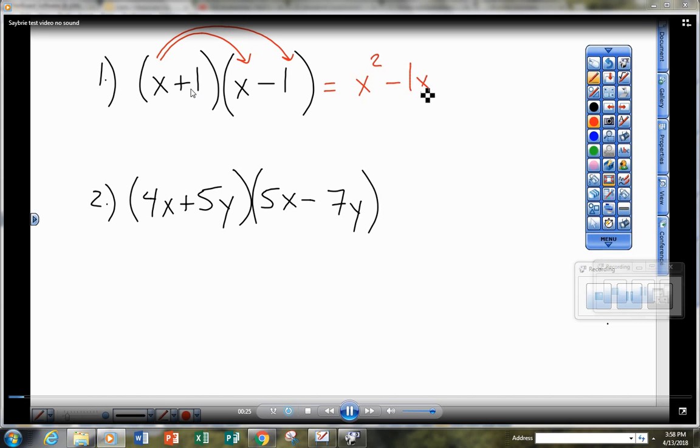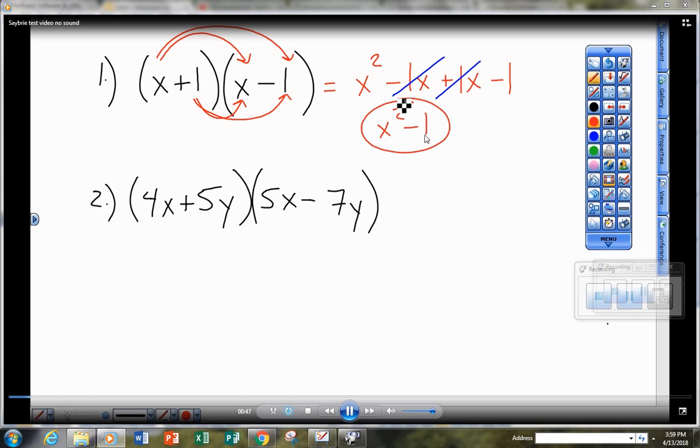Positive 1 times x gives me plus 1x. 1 all the way down times negative 1 gives me negative 1. And what happens with these special cases, the two middle terms will cancel away, and I'm left with just x squared minus 1. So if you were to FOIL backwards, remember this is a special case.